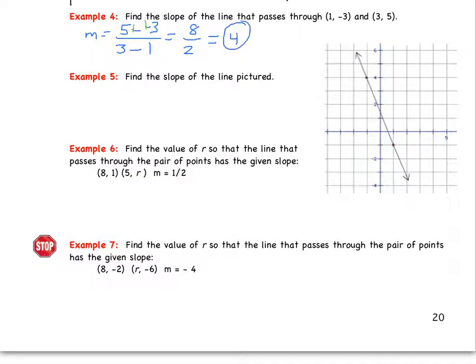Now let's go ahead and go on to example 5, finding the slope of the line pictured. So if we take a look over here, we should first identify some points. So this point up here looks like it's at -1, 4, and the point down here looks like it's at 1, -1.